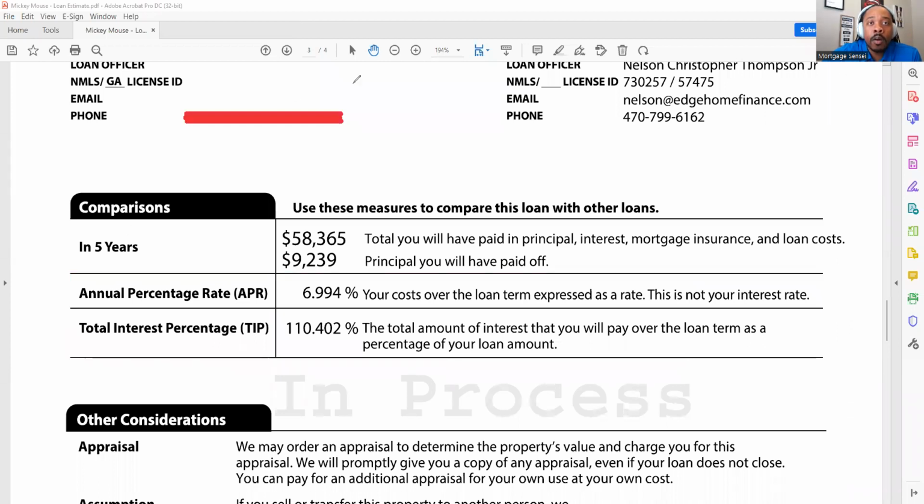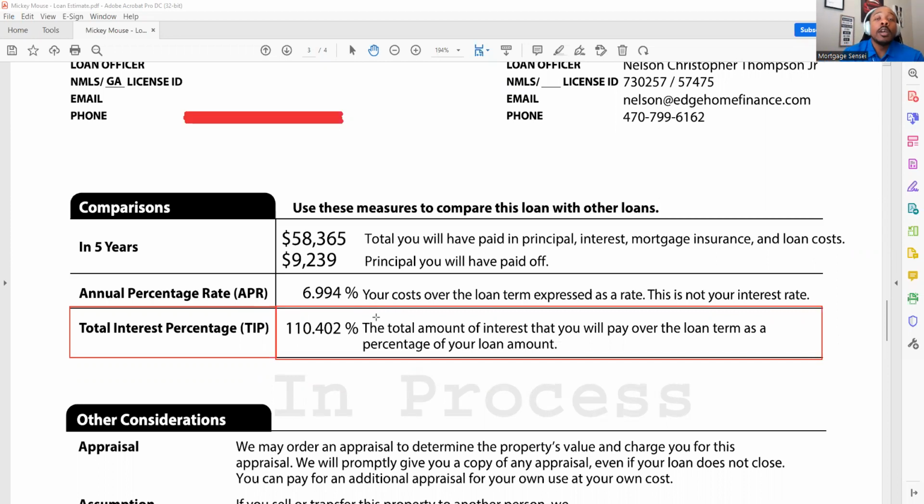All right. Now, below that, we have total interest percentage. So let's read what that is. The total amount of interest that you will pay over the loan term as expressed as a percentage of your loan amount.